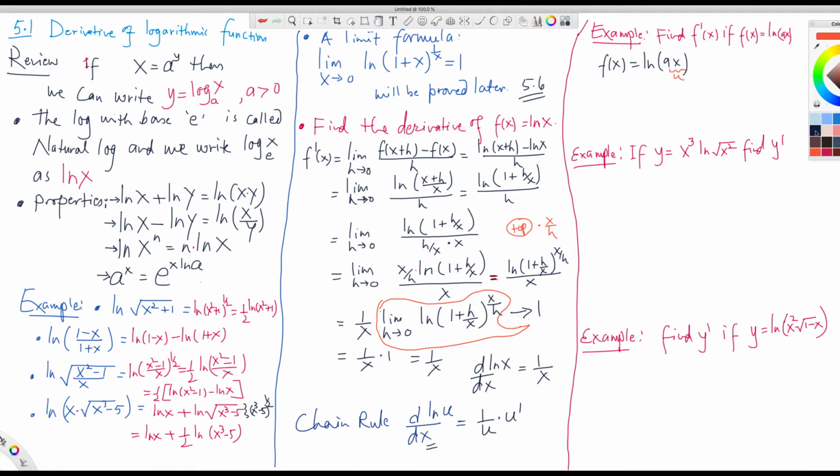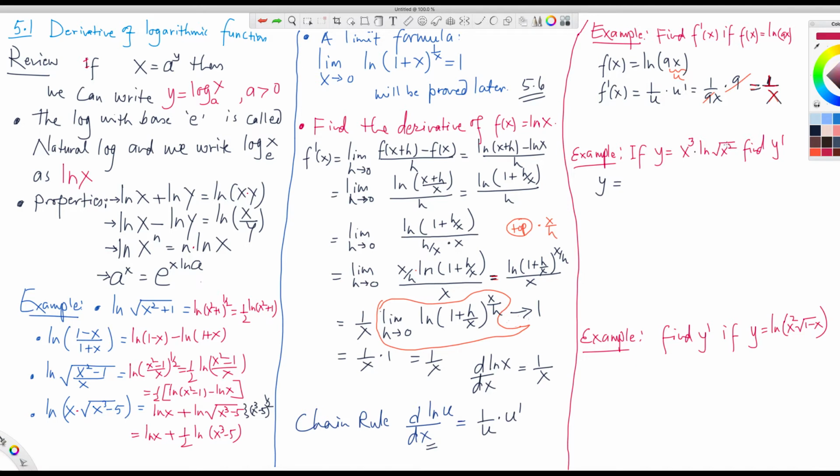So f prime of x will be 1 over u times u prime. 1 over 9x times the derivative of 9x, which is just 9. You cancel 9 and 9, and 1 over x is the final answer.